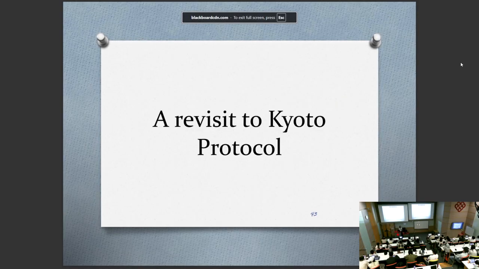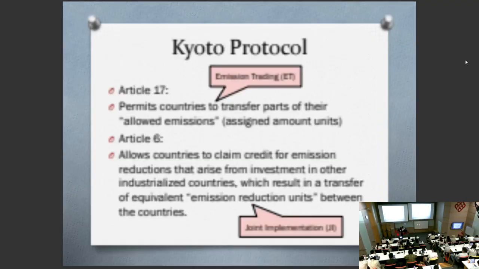Okay, a revisit to the Kyoto Protocol. We know that the Kyoto Protocol did not have much contribution to reducing the global carbon dioxide emissions. But it proposed some market-based mechanisms which can reduce the carbon emissions.